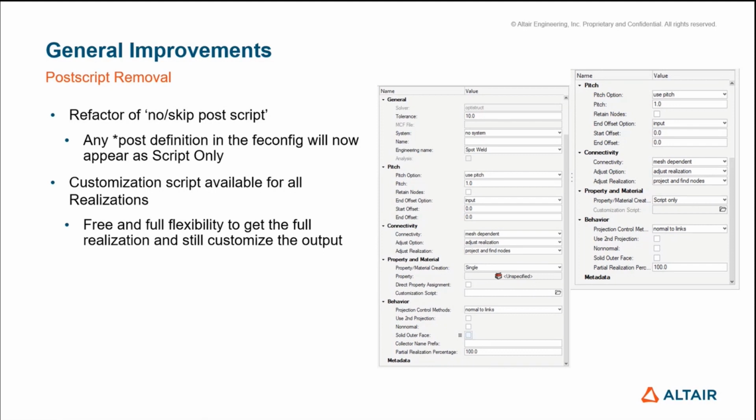Moving forward, however, you can describe now a customization script, as you can see here, in any of our realizations that will allow you to then run a script at the end of the realization of the connector.